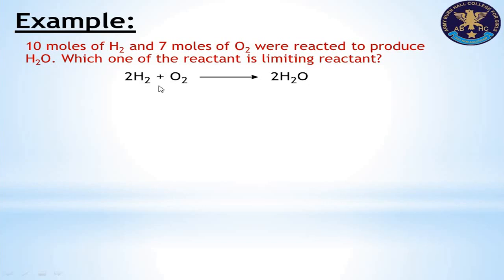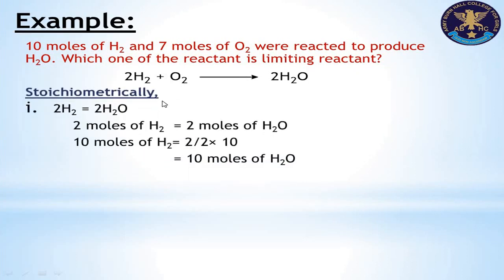Next, the number of moles are already given to us. So what we have to do is calculate the number of moles of water with respect to hydrogen and with respect to oxygen. Stoichiometrically, first we will calculate the number of moles of water with respect to hydrogen. 2 moles of hydrogen gives us 2 moles of water.